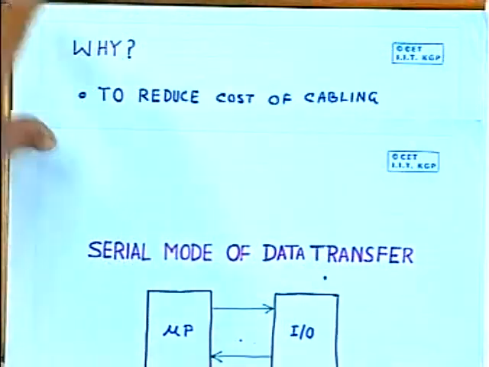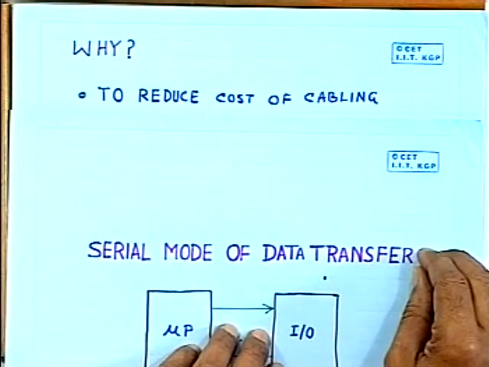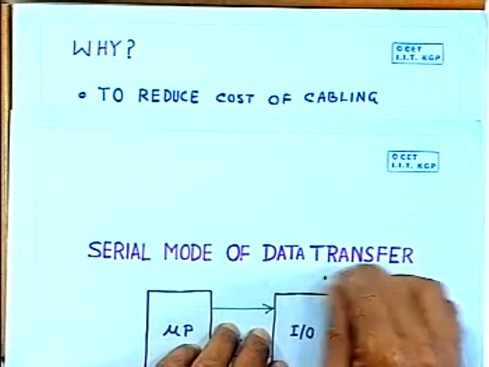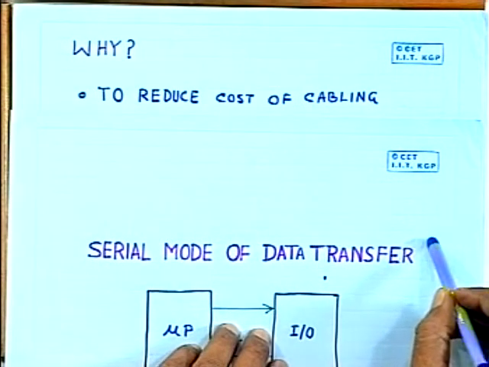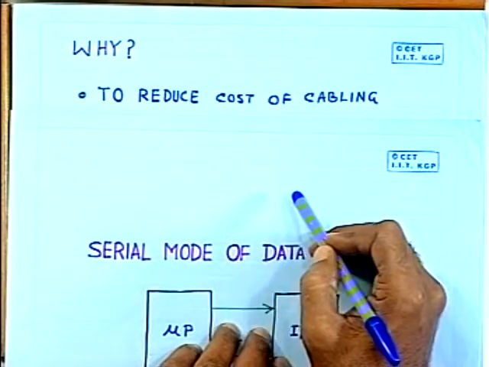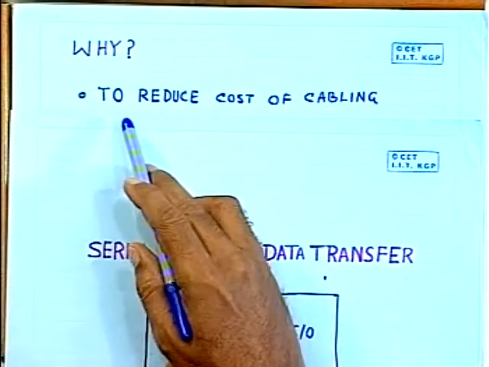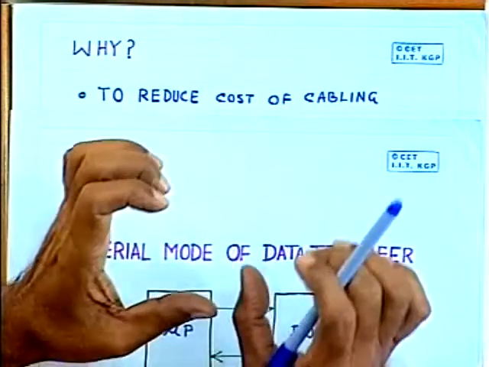First of all, whenever the I/O device is not housed in the same box, and is a little away from the CPU or computer, then you have to use a cable to connect the I/O device to the microcomputer, and the cost of cable will be more if you use parallel lines.